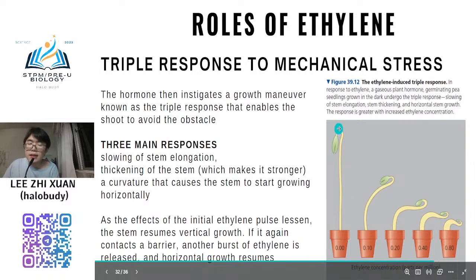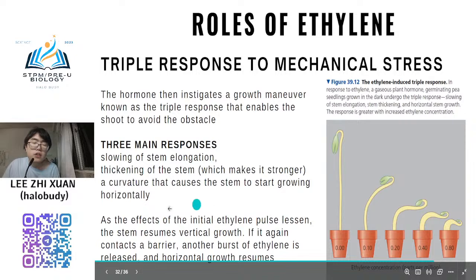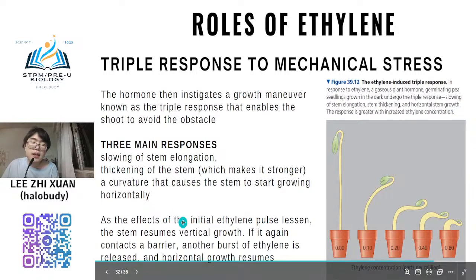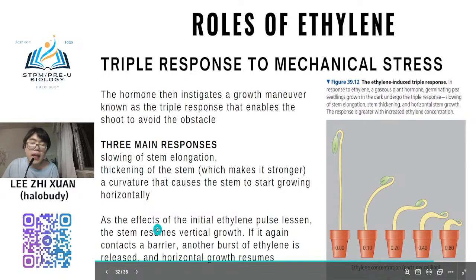You see that the stem becomes thicker, and the curvature causes the stem to start growing horizontally. As the effect of the initial ethylene pulse lessens, the stem resumes vertical growth. So when it has passed this obstacle, it will continue with vertical growth. But when it contacts a barrier again, the ethylene will be released again and continue the horizontal growth again.